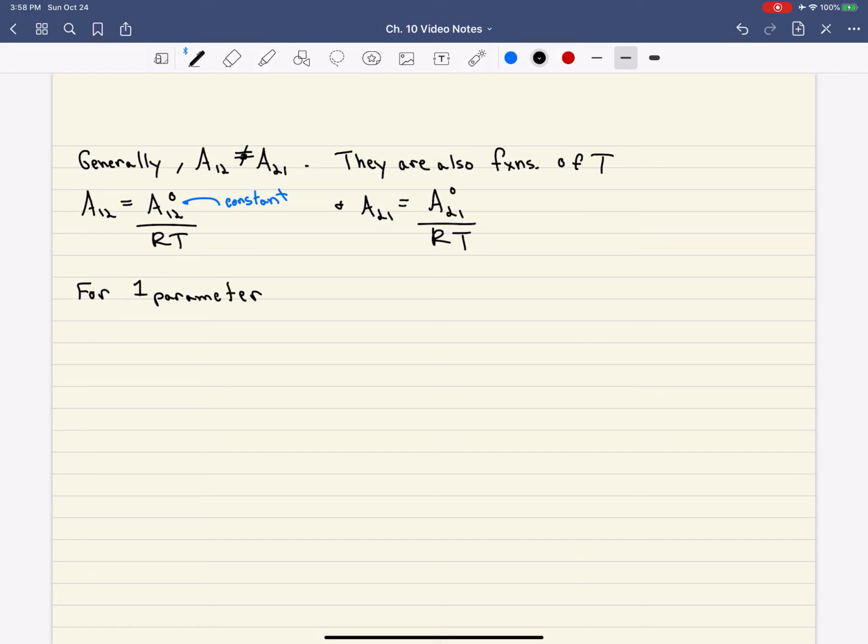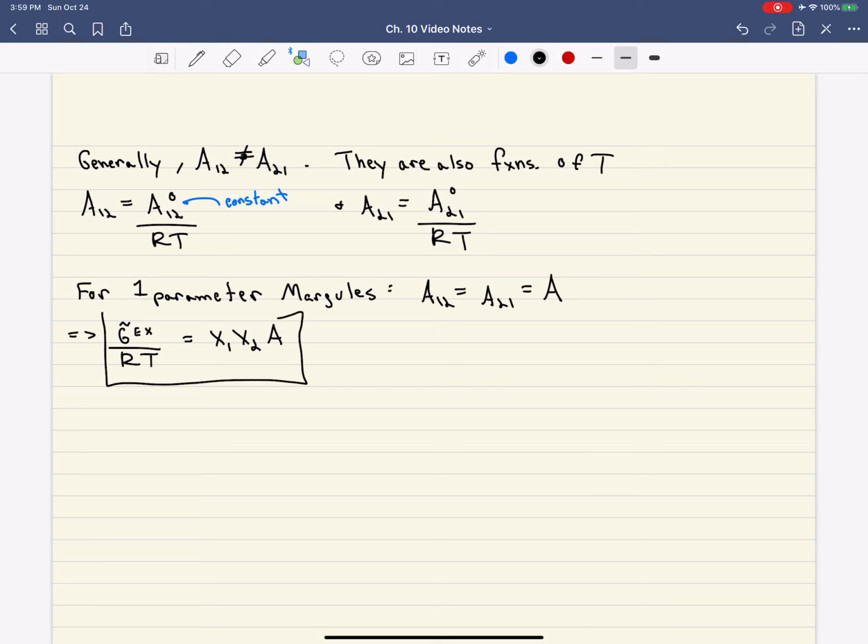So in very special cases, there are some systems where a12 is equal to a21, and then you could just call that A. And so for this one parameter version of the Margules equation, which you can think of like the ideal gas version of our GXS models, molar GXS over RT would just be equal to x1 times x2 times A. Okay. So that would be the one parameter version.